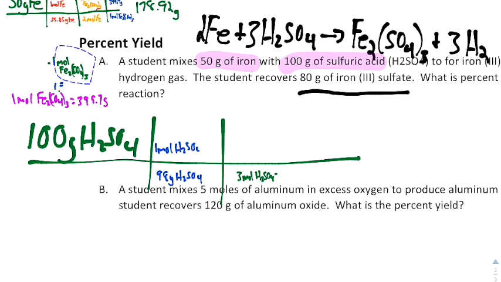Multiply the top, divide by the bottom, and what I get is 135.95 grams of our iron 3 sulfate.